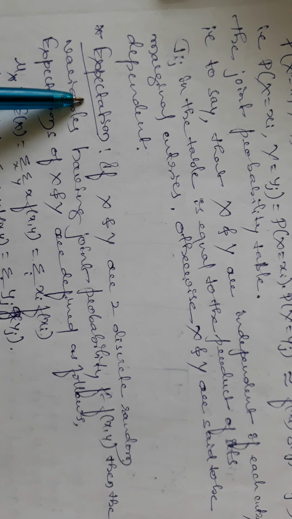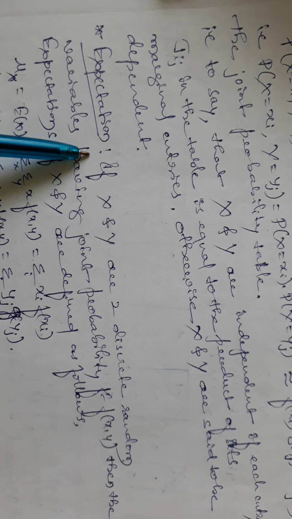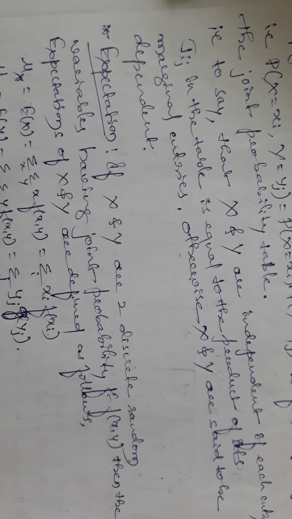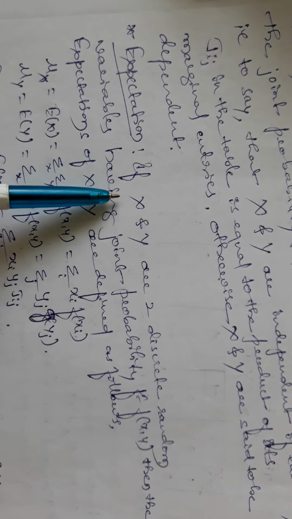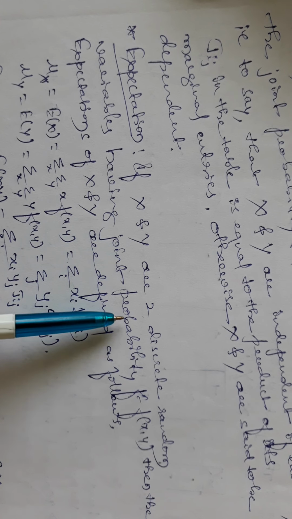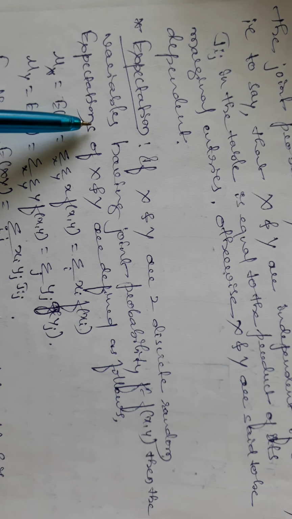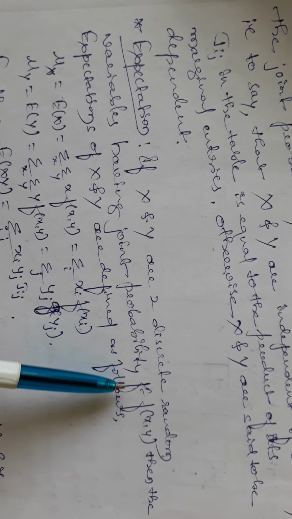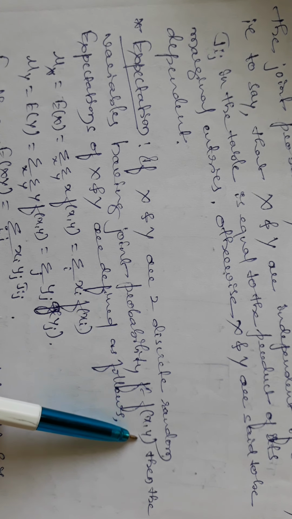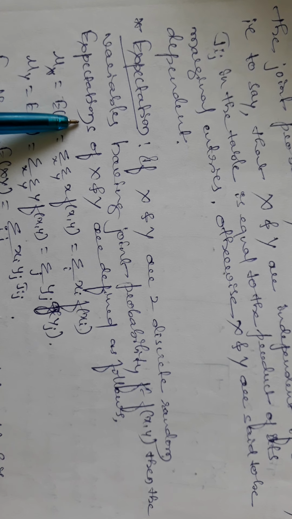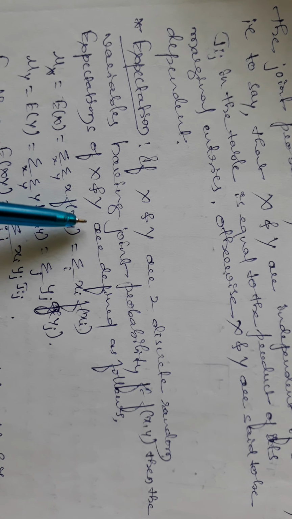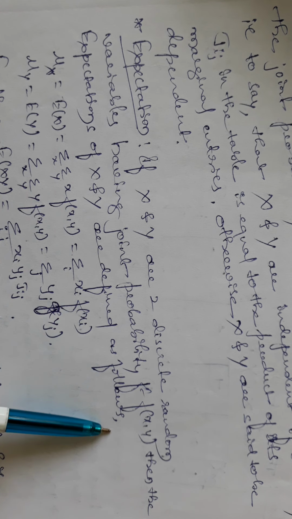First one, expectation. It is the same as the mean. If x and y are two discrete random variables having joint probability function f of xy, then the expectations of x and y are defined as follows.